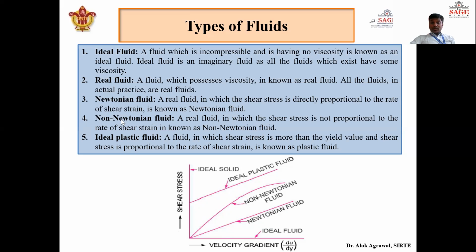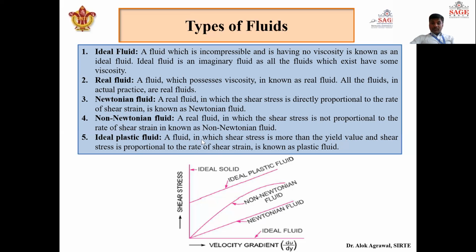Another is non-Newtonian fluid. It is a real fluid in which the shear stress is not directly proportional to the rate of shear strain and is known as non-Newtonian fluid. Again, it is also defined as the fluid which does not follow Newton's law of viscosity. The next one is ideal plastic fluid.